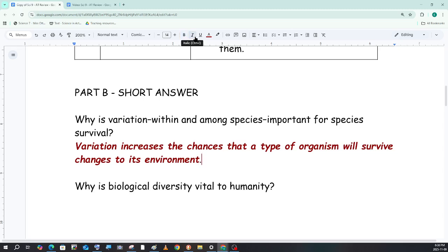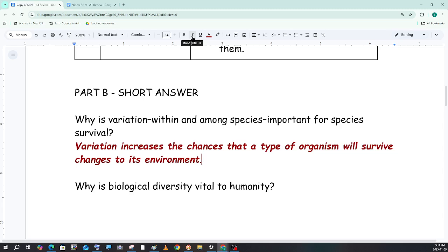One of the examples of this that we talked about in class was the banded snail. That was a type of snail whose shells came in many different colors, and we learned that because these shells came in so many different colors, every season some of the snail shells would blend in very well with the surroundings, and they'd be harder to find.